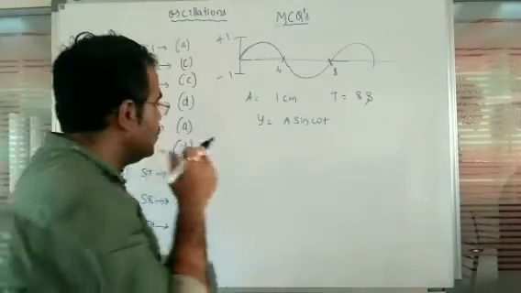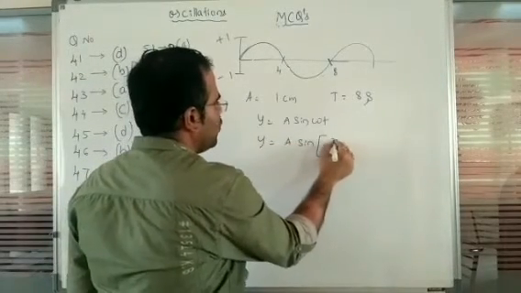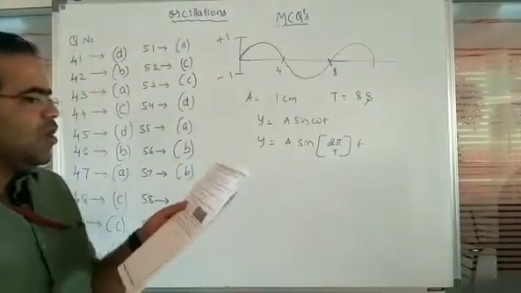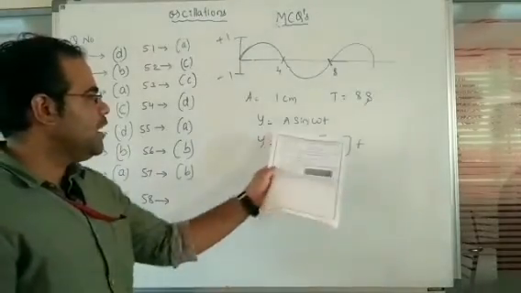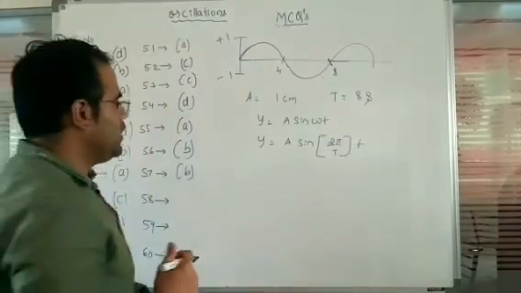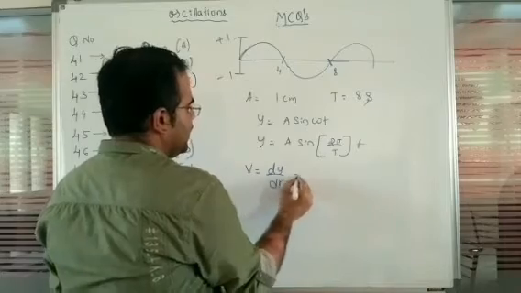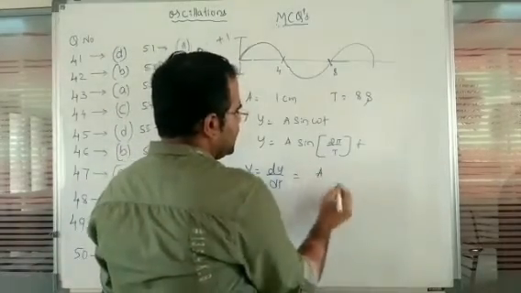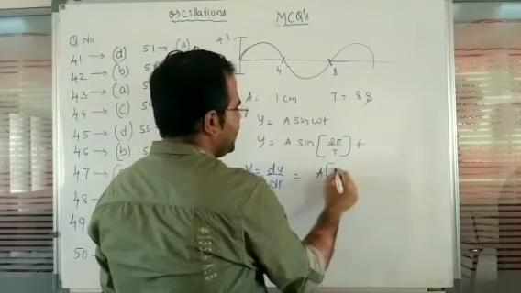So y is equal to A sine of, now the omega is 2 pi divided by T into small t, because all options are given in terms of pi. So when we observe the options, everything is in pi format, so we consider omega as a pi value. Now v is equal to dy divided by dt. So if I make a differentiation here, there you are going to observe A multiplied by 2 pi divided by T.